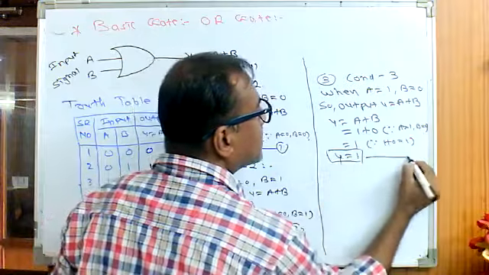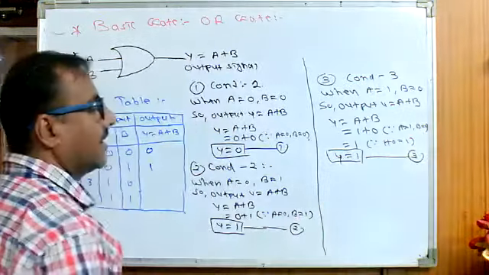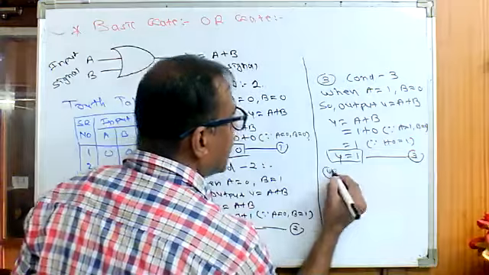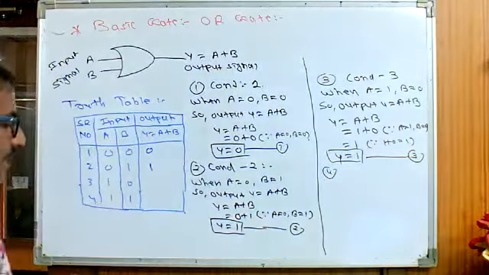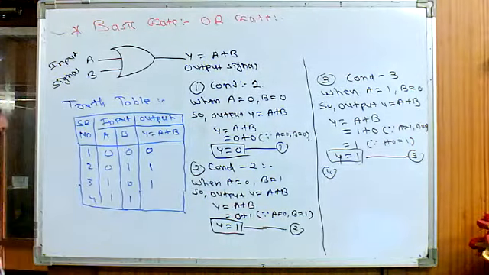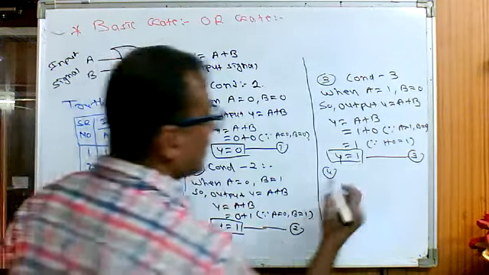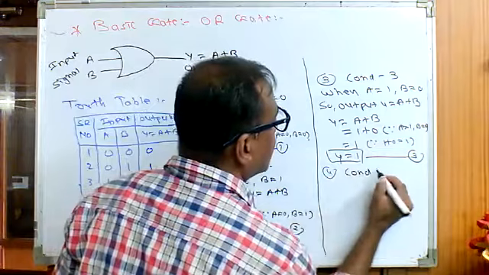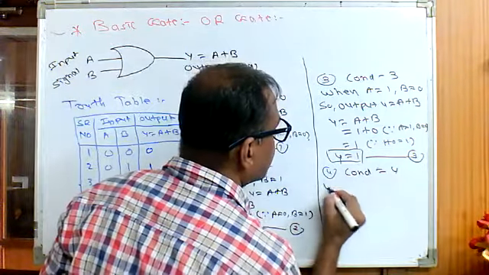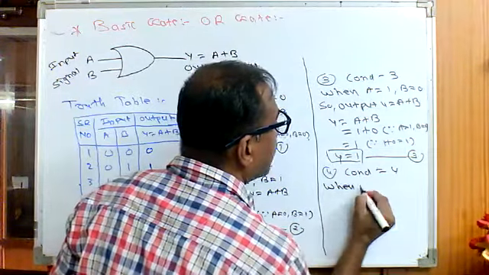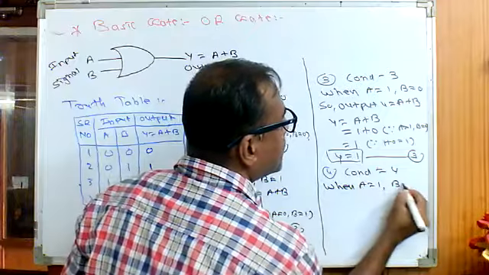That is the third condition. Fourth condition: both inputs are high, when A is equal to 1 and B is equal to 1.